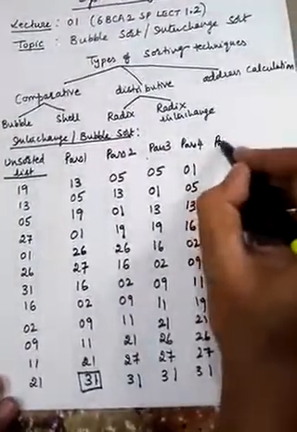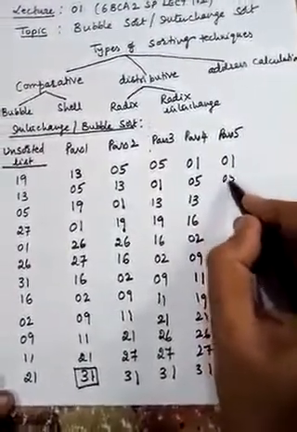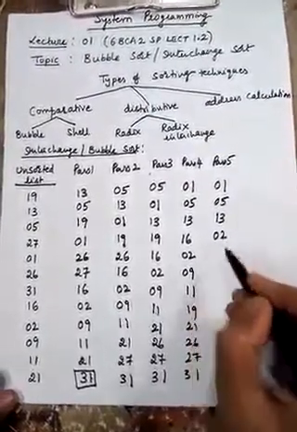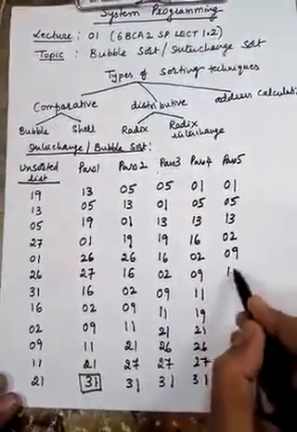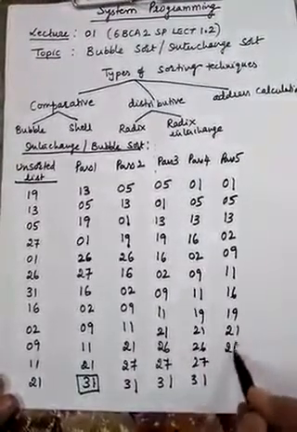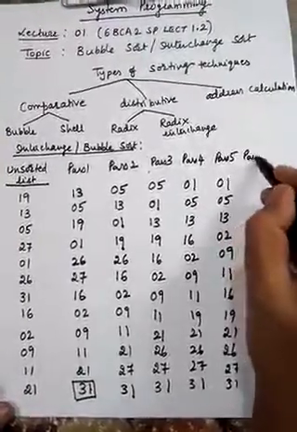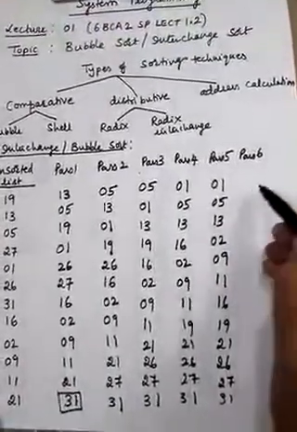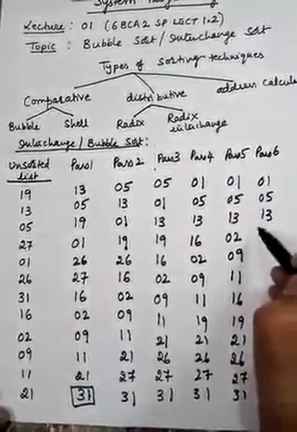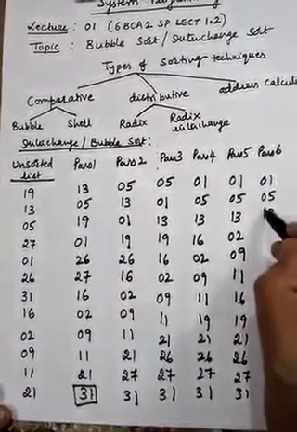Now pass 5. 1 is already there. 5, 13. Now 2 is less than 16. So 2, 9, 11. Now 16 will be fixed here, 26, 27, 31. Still it is not sorted. Pass 6: 1, 5, 13. Sorry, 2 is less than 13.